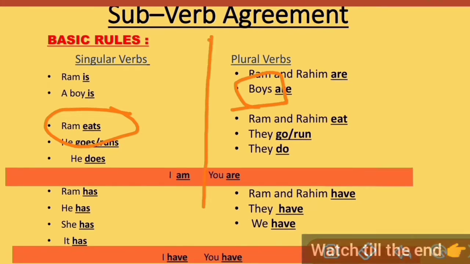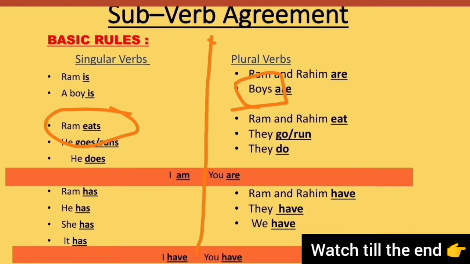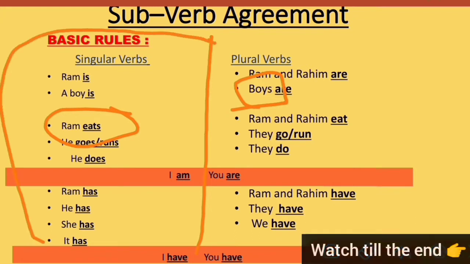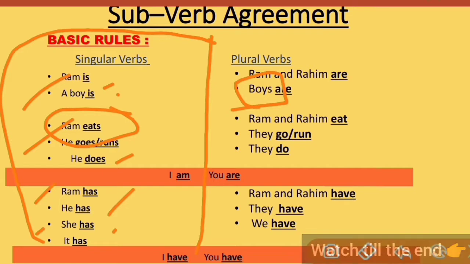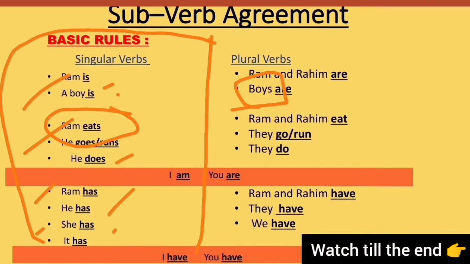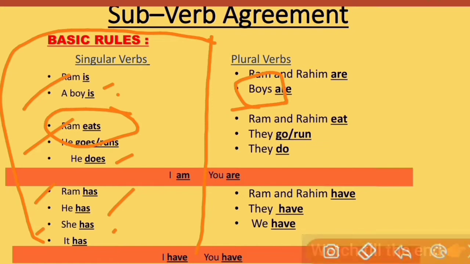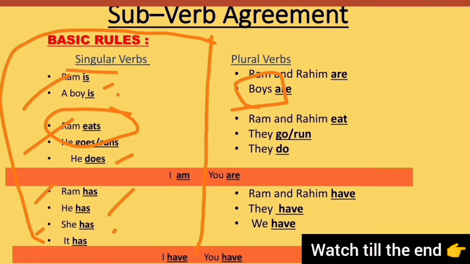If we draw a line here, in the left side we can see that all the nouns are singular nouns and the verbs used here, underlined here, all the verbs are only used for singular nouns. For understanding, we will call these verbs as singular verbs.